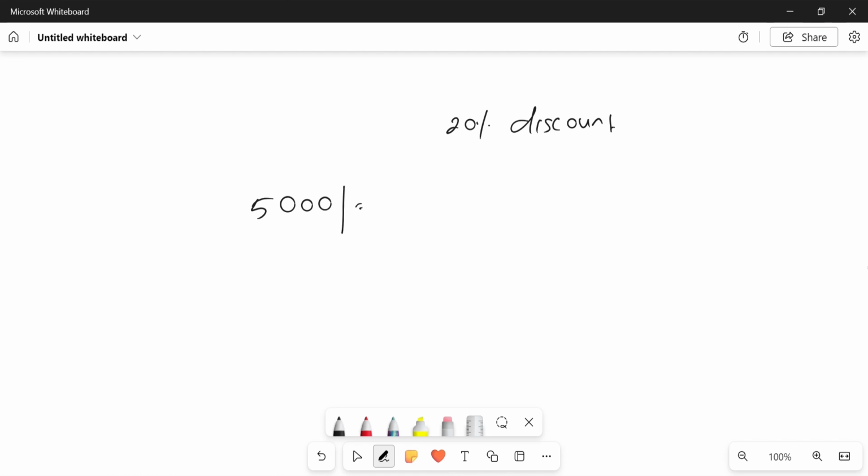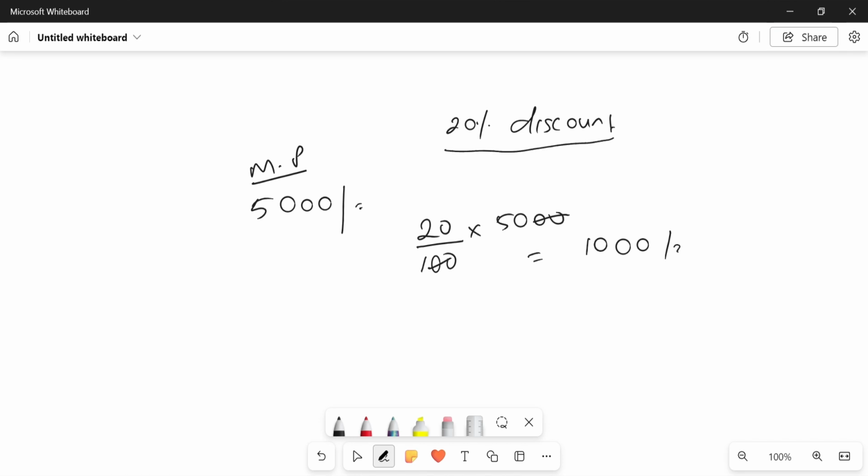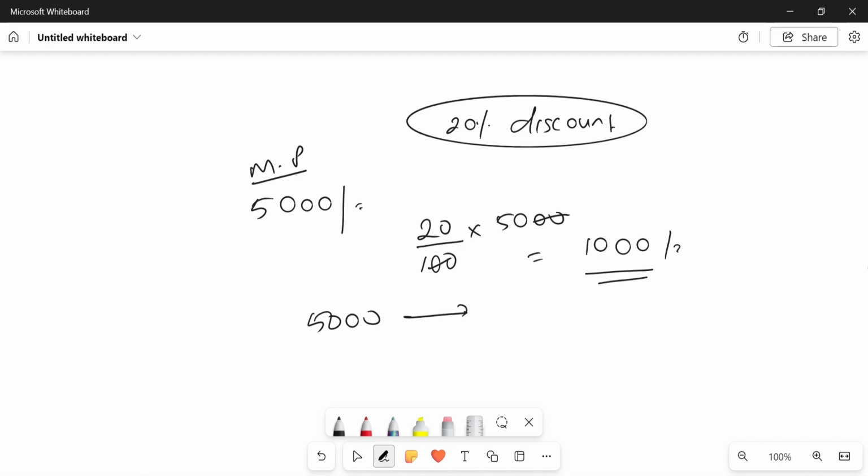So out of 100, 20 rupees you are deducting. So for the 5,000 mark price, you are deducting 1,000 rupees. So 5,000 rupees is the mark price, but as you are giving a 20% discount, you will have to give a discount of 1,000 rupees. So the 5,000 rupees mark price will be sold for 4,000 rupees. This is called discount percentage.